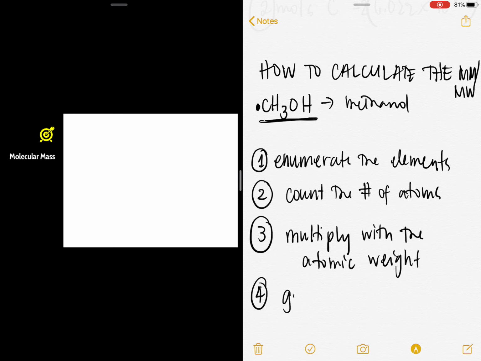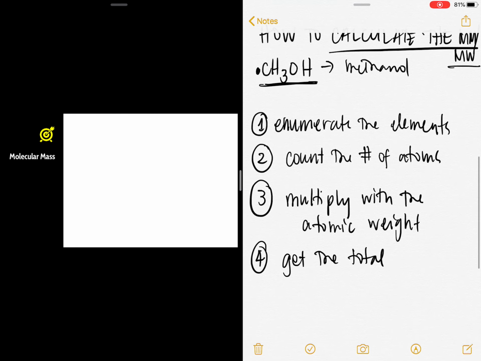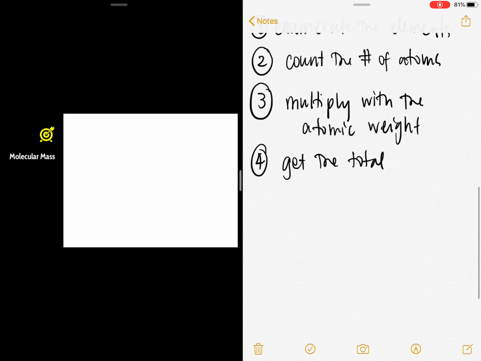Number 4, get the total. So, these are the 4 easy steps to calculate for your molecular mass or your molecular weight. I-apply natin ngayon. Calculate for the molar mass of your methanol.